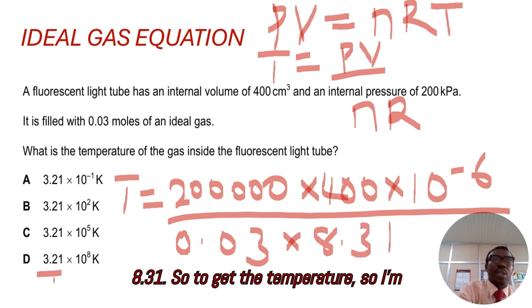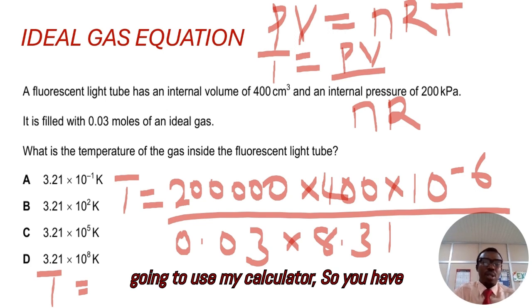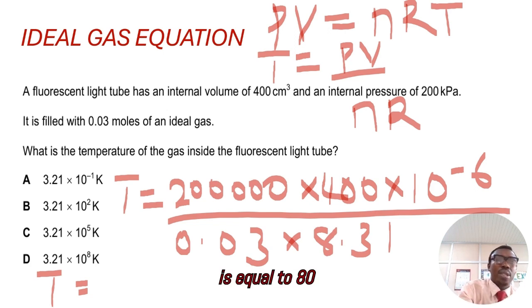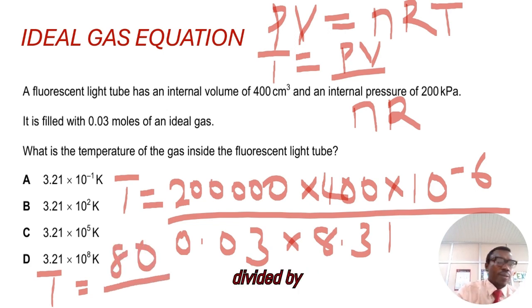So to get the temperature, I'm to use my calculator. So you have 200,000 times 400 times 10 raised to the power minus 6 is equal to 80, divided by 0.03 times 8.31.